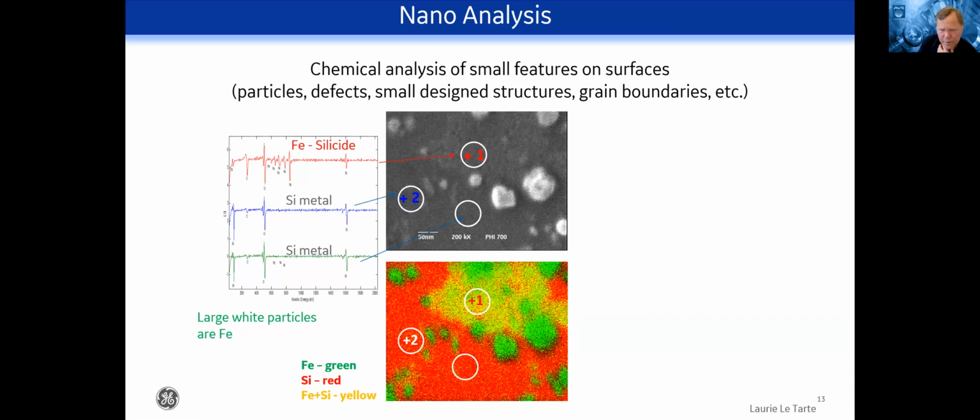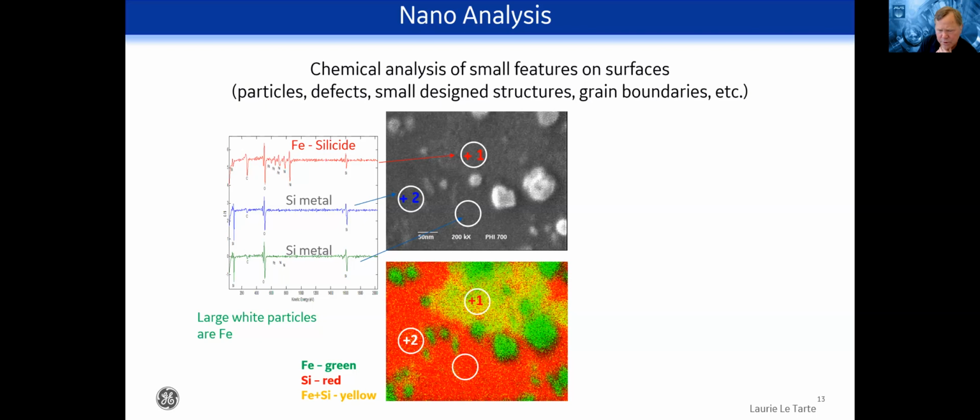An important point to know is that through the image, it's much clearer which regions of the sample are contaminated with iron silicide. That would be difficult to get from just the spectral analysis.